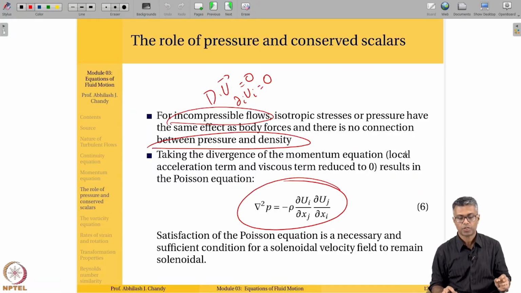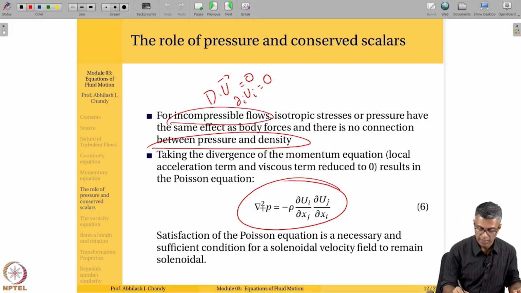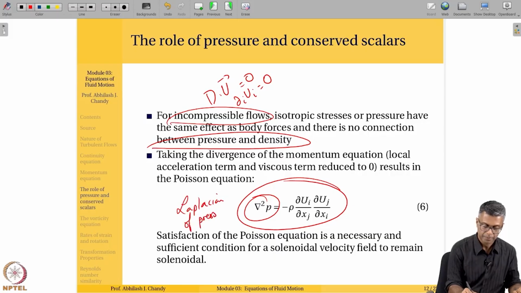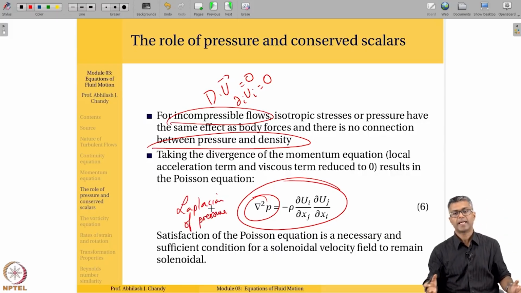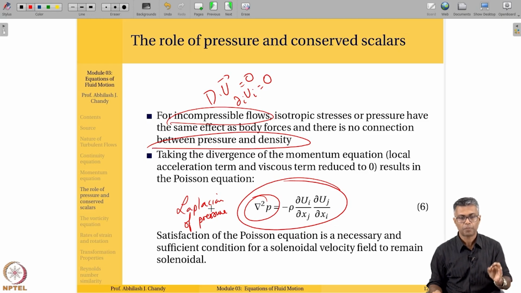The Poisson equation would have the Laplacian of pressure on the left hand side, and the right hand side is of course a nonlinear term. You have minus rho del ui del xj and del uj del xi. This is the Poisson equation that is used for solving the pressure.